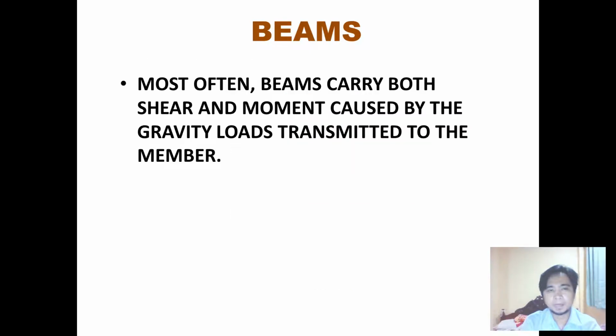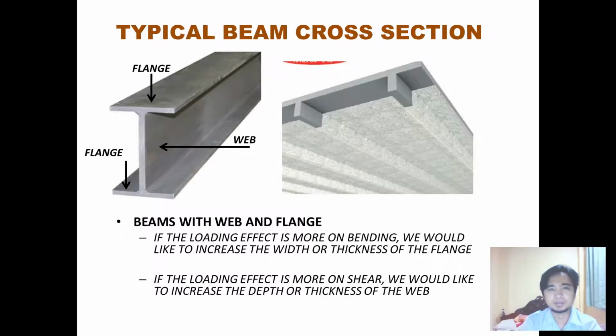Okay, so most often beams carry both shear and moment caused by gravity loads transmitted to the member. So we have a typical beam cross section. It could be that your beam will be in terms of a structural steel shape. Usually a wide flange is used.